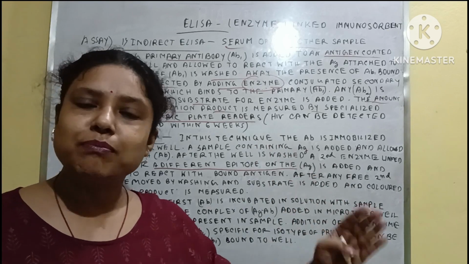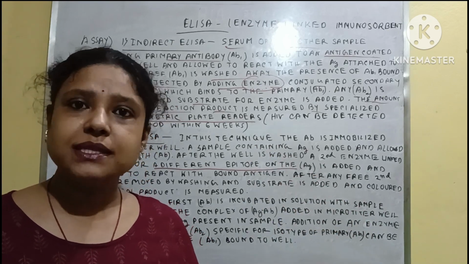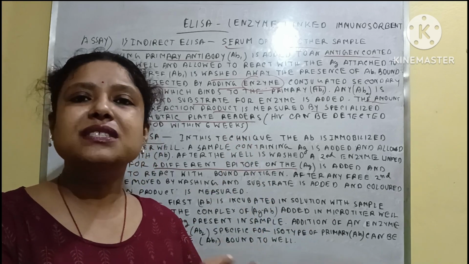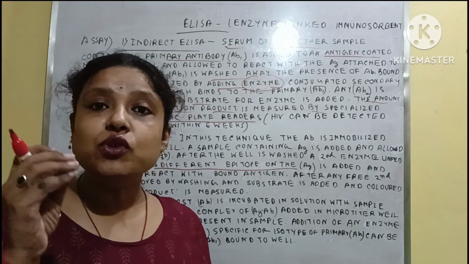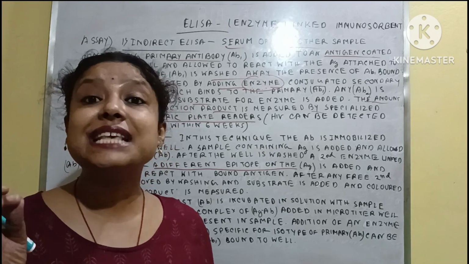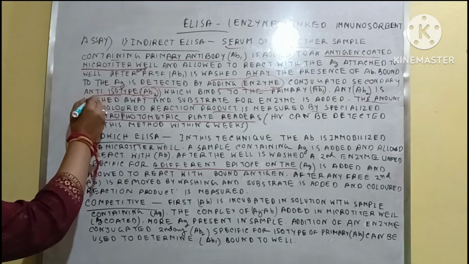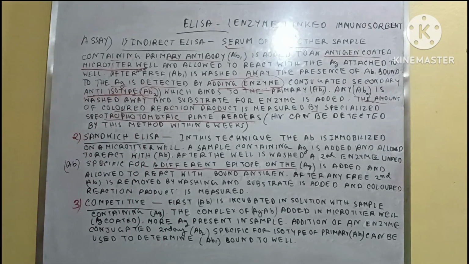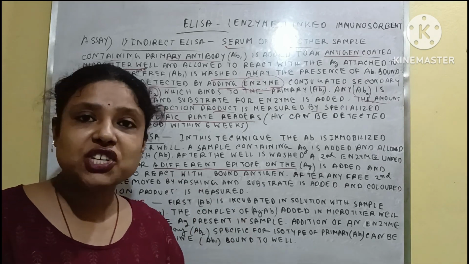What is happening there? Antigen antibody complexes are formed, and after formation of the complex the free antibodies must be removed. After that, enzyme coated antibody, the secondary antibody, which must be anti-isotype of the primary antibody, is added to the microtiter well.